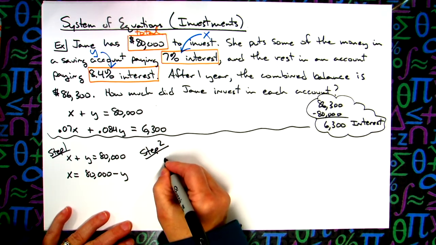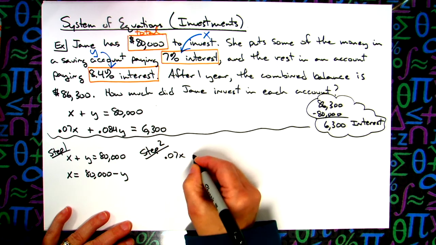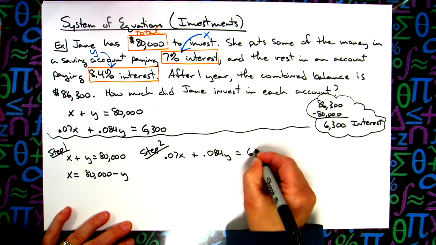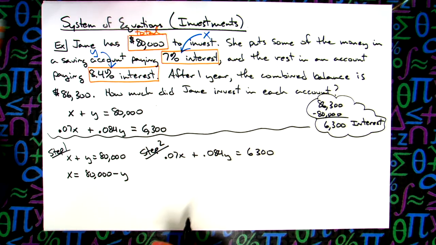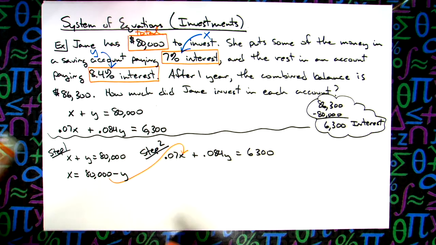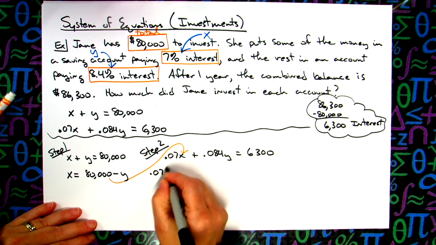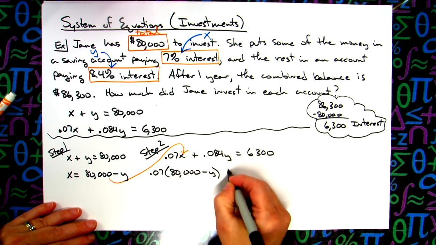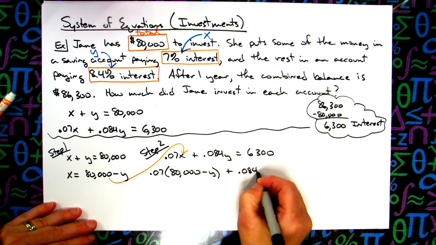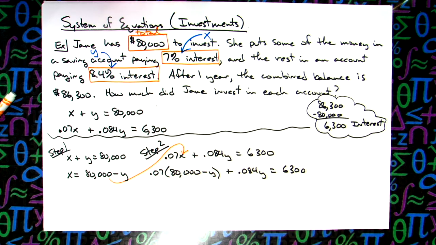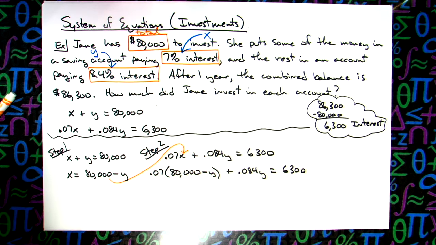My second equation is 0.07x plus 0.084y equals 6,300. It's going to get substituted back in for that x right there. So 0.07 times (80,000 minus y) plus 0.084y equals 6,300. At this point I'm pulling out a calculator because I'm not going to do 0.07 times 80,000 in my head.